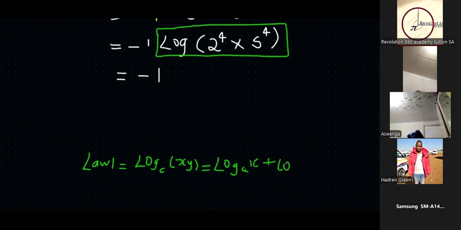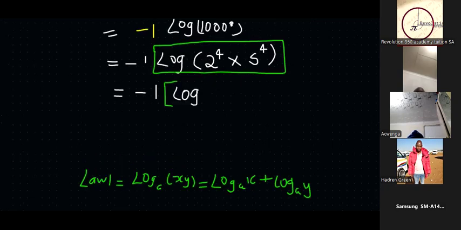This basically means here I'm going to have a bracket. Then what am I going to get? I'm going to have the log of 2 to the exponent of 4, plus the log of 5 to the exponent of 4, close bracket.